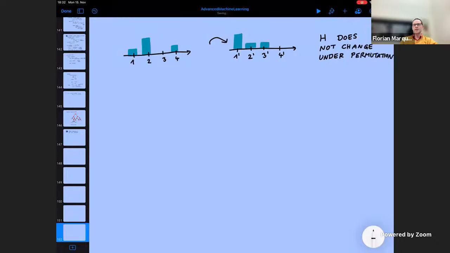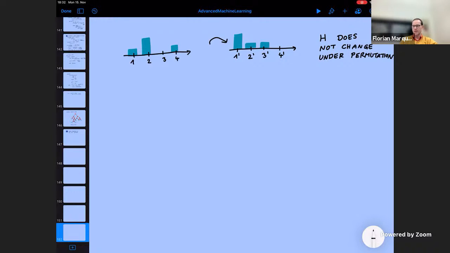So that's somehow nice. The entropy does not depend on how you label the events. That's in particular important if your events do not even have a natural ordering. So you are not talking about integer numbers, but about words. Let's say there may not be any natural ordering.